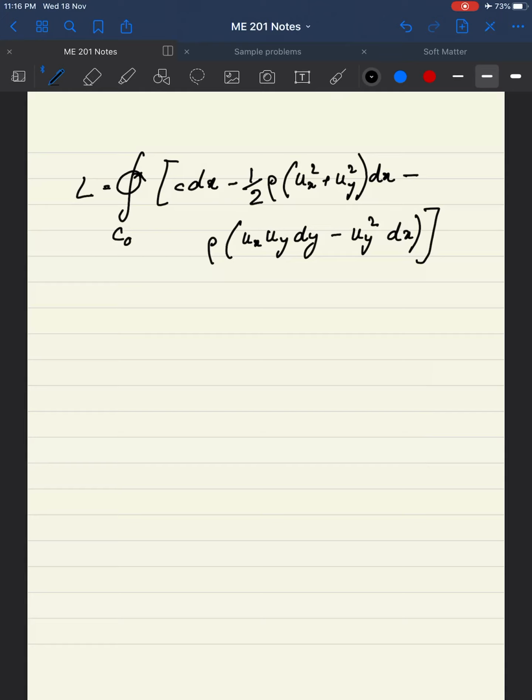Okay, now note that whatever be the constant, this quantity, be it integral around dx or with dx or dy, this is always equal to 0.